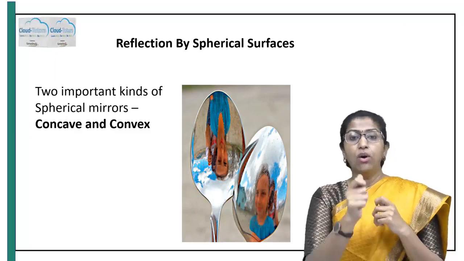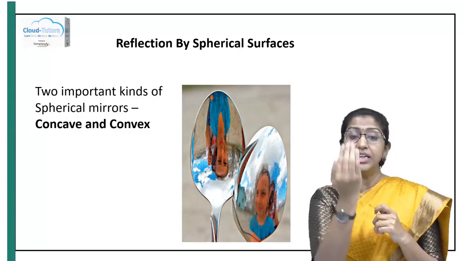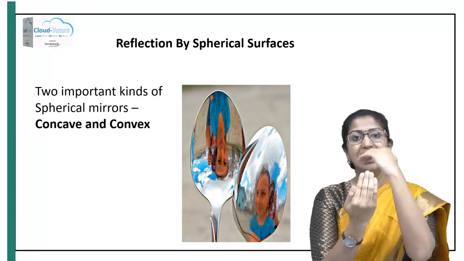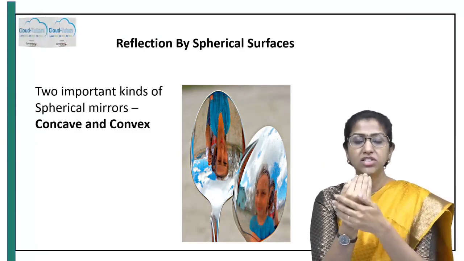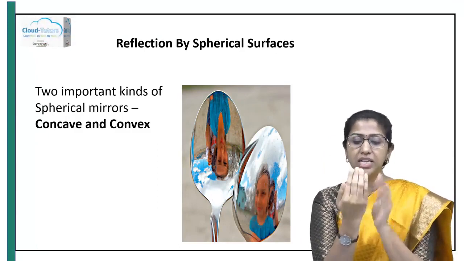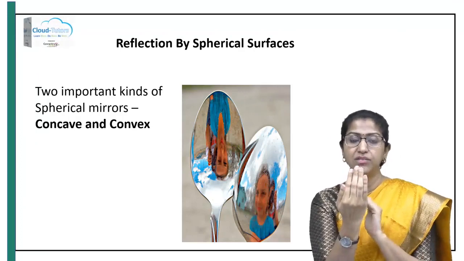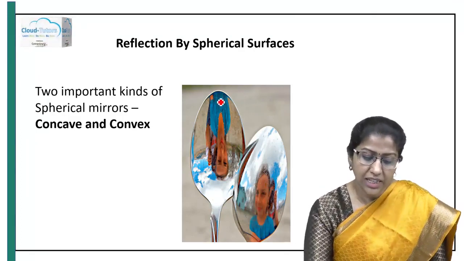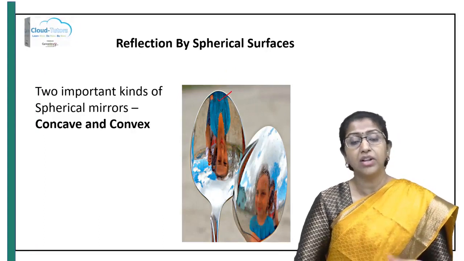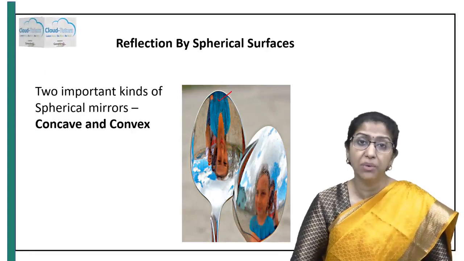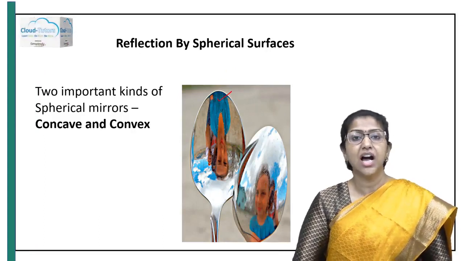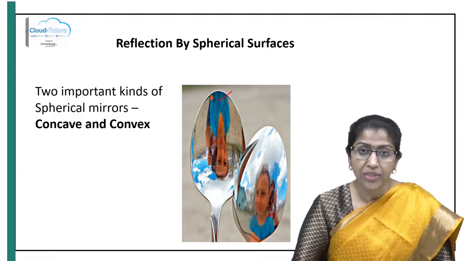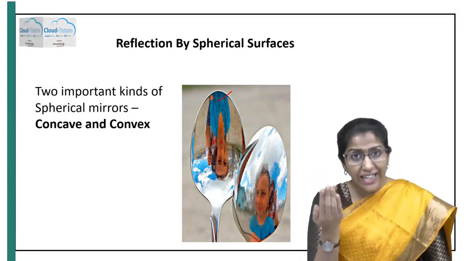So when you hold your spoon with the curvy surface, the caved-in surface, not the bulged surface outside, and look at it for your image, you see that the image of yourself is inverted. Such images are real because it is a concave surface.